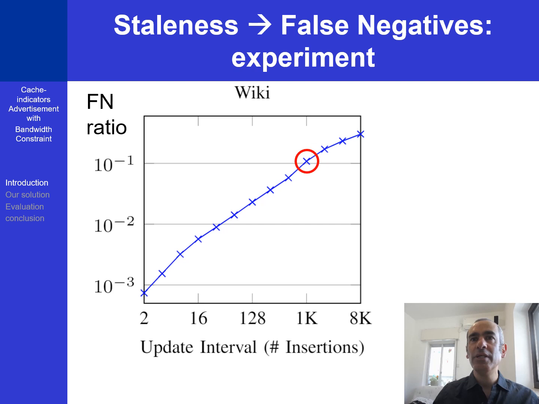The plot shows a steep increase in the false negative ratio as a function of the update interval. In particular, note that when the update interval is above 1K, the false negative ratio is at least 10%.